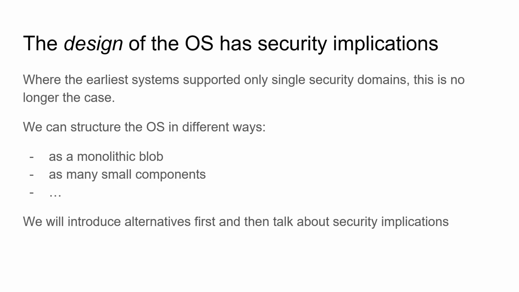For instance, we can have everything organized as a single monolithic blob, or we can partition every part of the operating system as a separate component isolated from the others. And there are some variations of this. And these choices have a strong implication on the security of these systems. And what we're going to do is introduce these alternatives and then talk about these security implications.